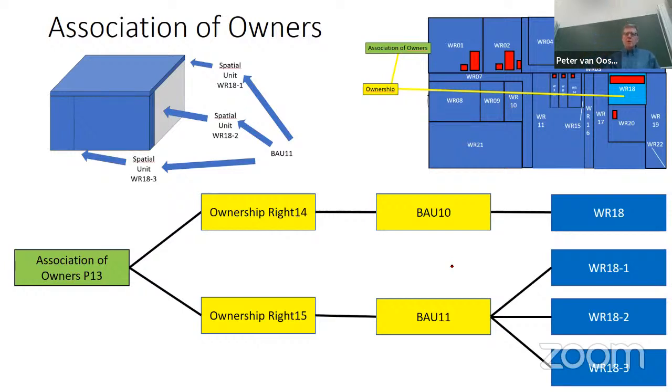So here we see the whole situation about the association of owners of the apartments. So they own the land, parcel number 18, and they own the common spaces or common elements in the building, 18-1, 18-2, 18-3. Two different types of ownership.